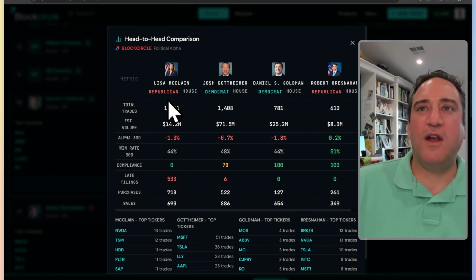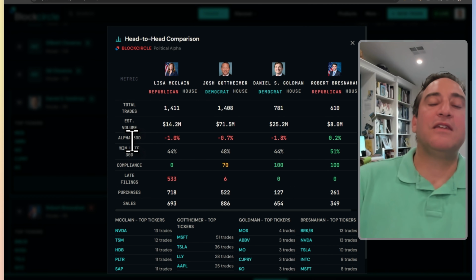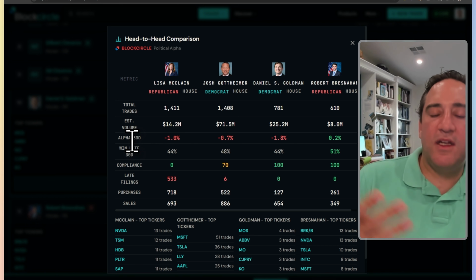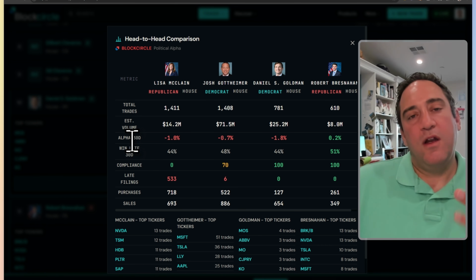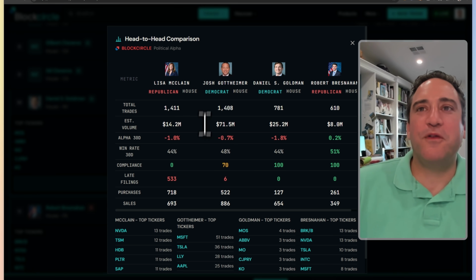Lisa's been trading 1,400 times, with an estimated volume of 14 million. Alpha is whether or not she has sustainably outperformed the benchmark, which is usually Bitcoin, S&P 500, gold, and whether or not she's outperformed Warren Buffett, right? Because who doesn't want to outperform Warren Buffett?